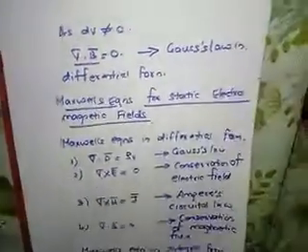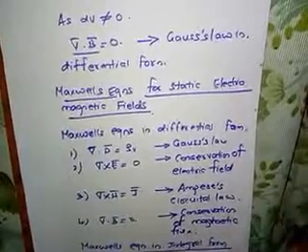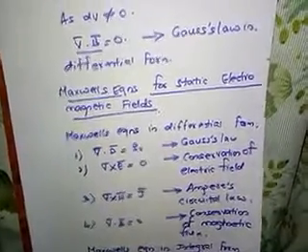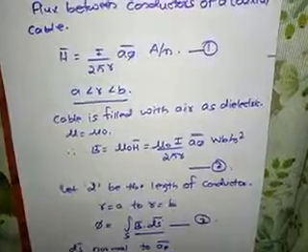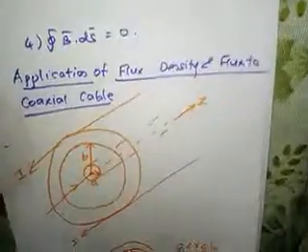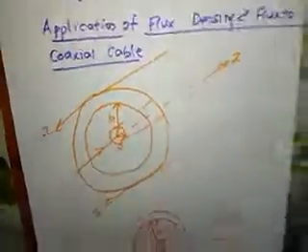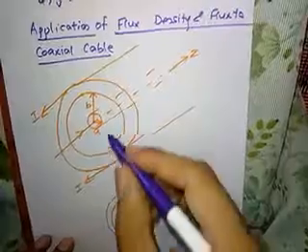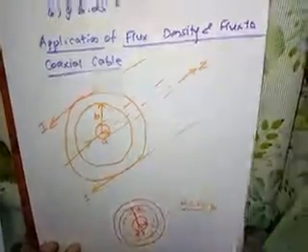That was a recap of the previous equations we dealt with in our previous modules. Later we took up the application of flux density and flux to coaxial cable, where we derived the equation for the flux in between the inner conductor and the outer conductor.